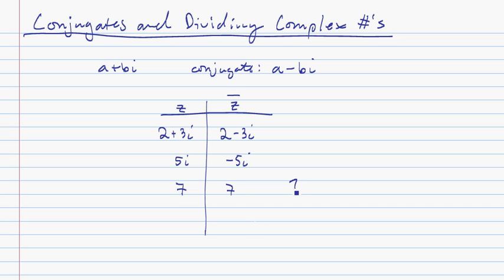Or you could think of it like 7 plus 0i. Well, that's the same as 7 minus 0i. So if I had negative 5 minus 2i, the conjugate would be negative 5 plus 2i. Okay, so this is important because when you divide, you need to use those.